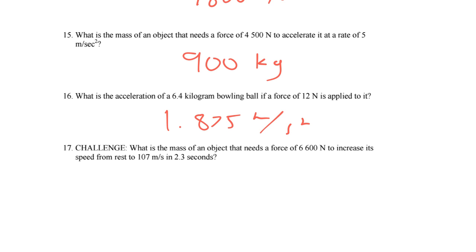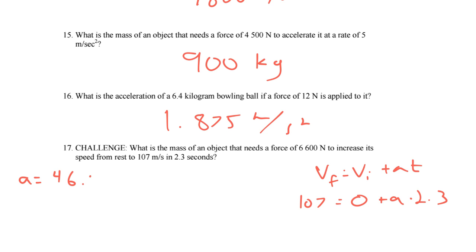Acceleration, we could do, okay, V final equals V initial plus AT. Final velocity is 107. It's starting from rest, so that's 0, plus the acceleration times 2.3 seconds. Get rid of the 0 and divide both sides by 2.3. We get 107 divided by 2.3 is an acceleration of 46.5.